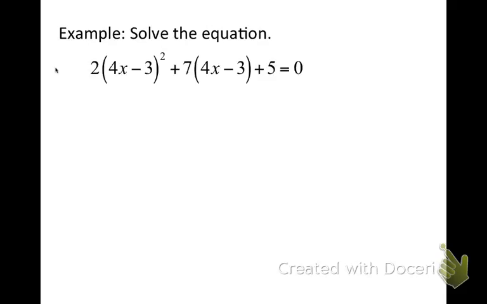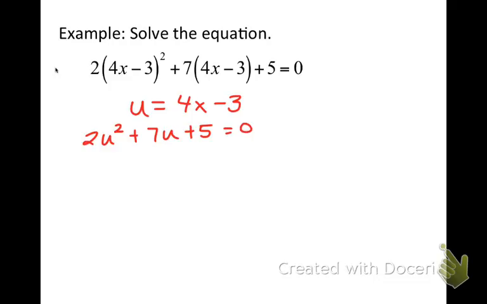But if we use just simple u substitution and let u equal 4x minus 3, my equation becomes a lot nicer, because now it just becomes 2u squared plus 7u plus 5 is equal to 0. Can we factor that? 2 times 5 is 10.